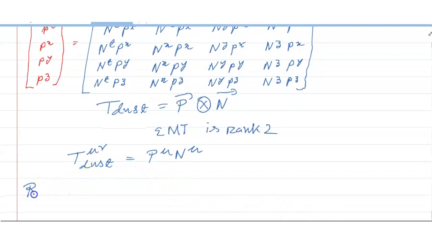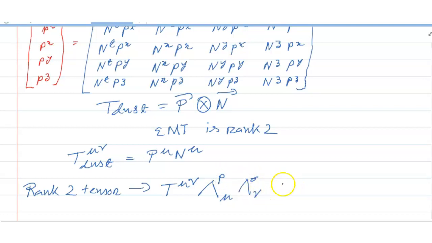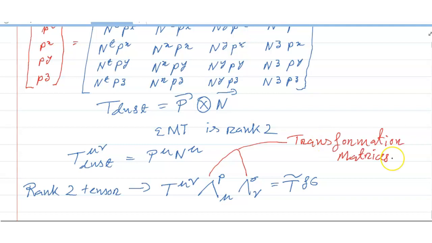This is the rank 2 tensor, which transforms as T tilde mu nu: lambda rho mu and lambda sigma nu, equals T rho sigma, equal to transformation. This lambda rho mu and lambda sigma nu is transformation.